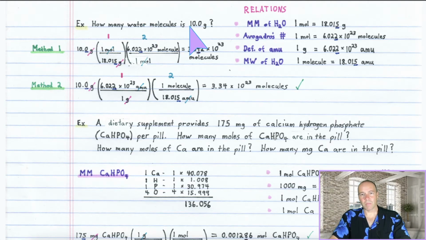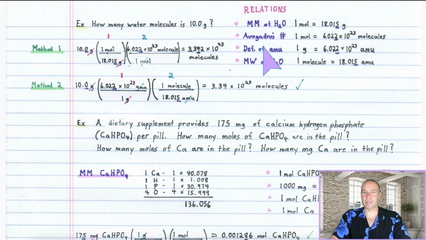And so let's just list the relations that we have learned about water. First of all, the molar mass of water tells us that 1 mole of it equals 18.015 grams. And Avogadro's number, don't forget that, 1 mole of water is 6.022 times 10 to the 23rd molecules of water.